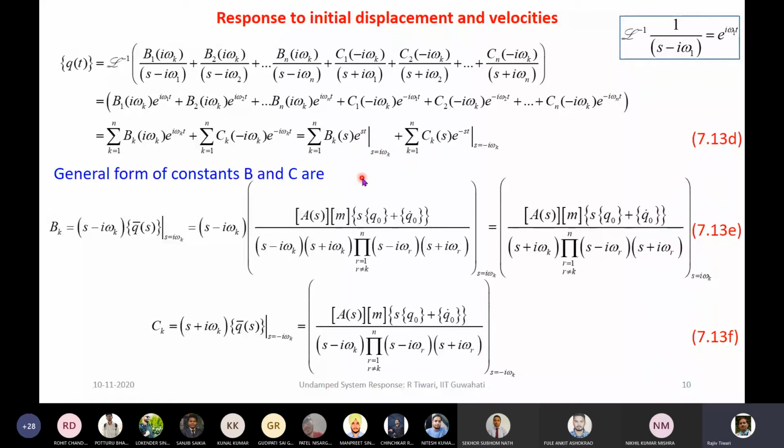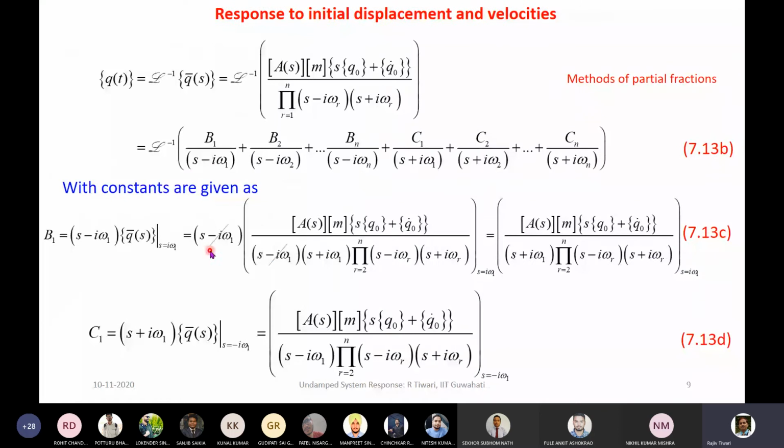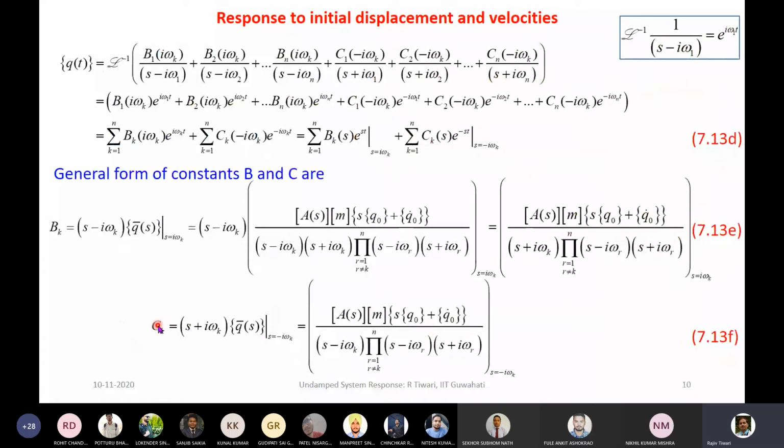Whatever I explained here, the general form of this is given here. It is exactly the same as the previous one, but if we have a kth frequency, then we multiply that, and the procedure is the same as the previous one. This is for the Ck and this is for the Bk.